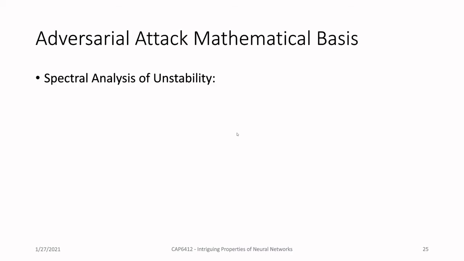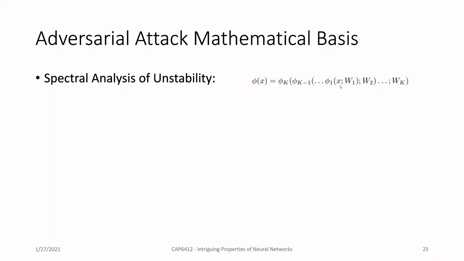For that, the authors give this really nice section 4.3, which is titled Spectral Analysis of Unstability. Let's say we have an input X and the weight matrix W1, and let phi denote the output of some layer. Let phi1 denote the output of the first layer.